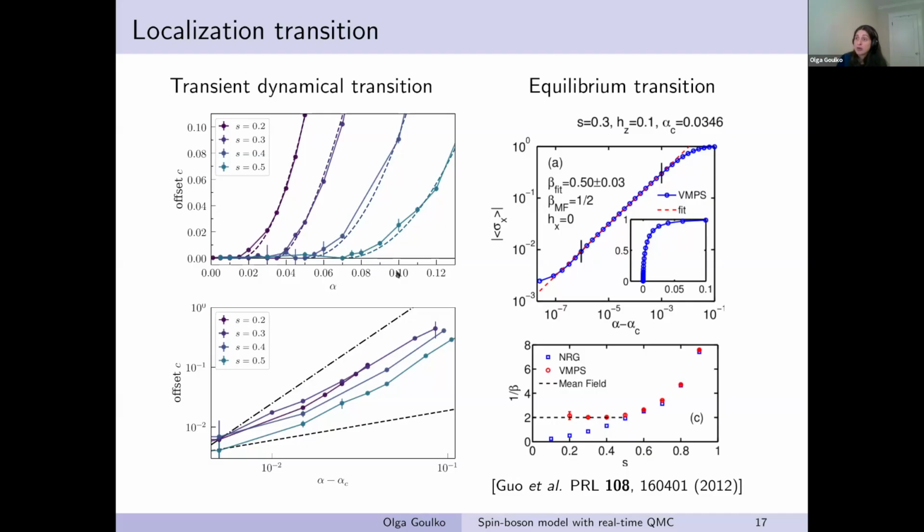On the left are our results for the localization transition as it is extracted from the short and intermediate time data. And you can immediately see that the picture is very different. From intermediate times, and we call it the transient dynamical transition, it looks like the critical exponents are actually greater than 1, while the known exponent in this regime should be 1/2.